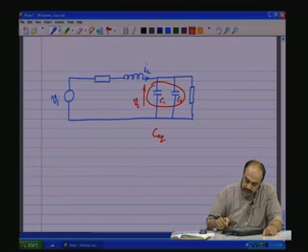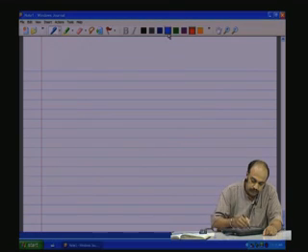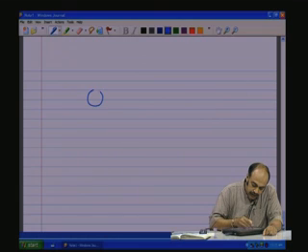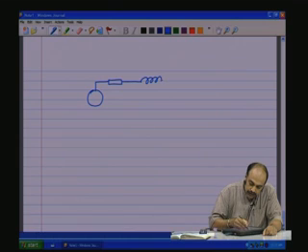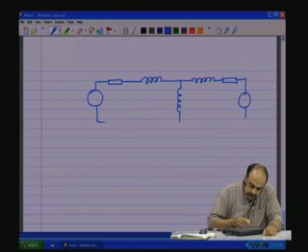There is one more case which you may land up with, and that is a network something like this. Let us say you have an R, you have an L, and you have another inductance there, you have an R and something like this.